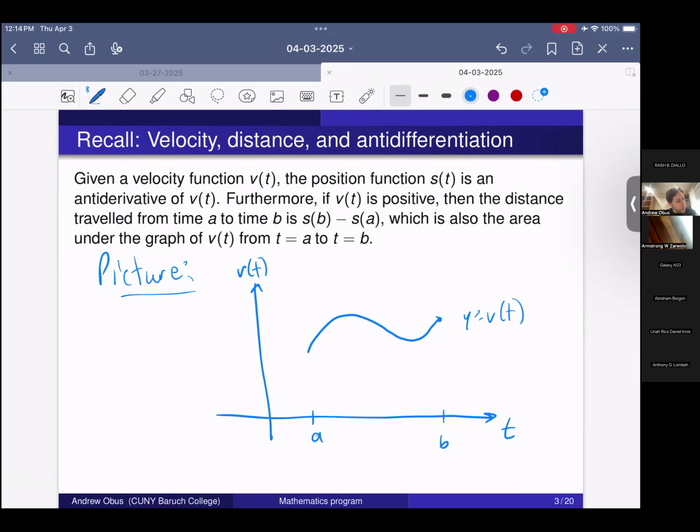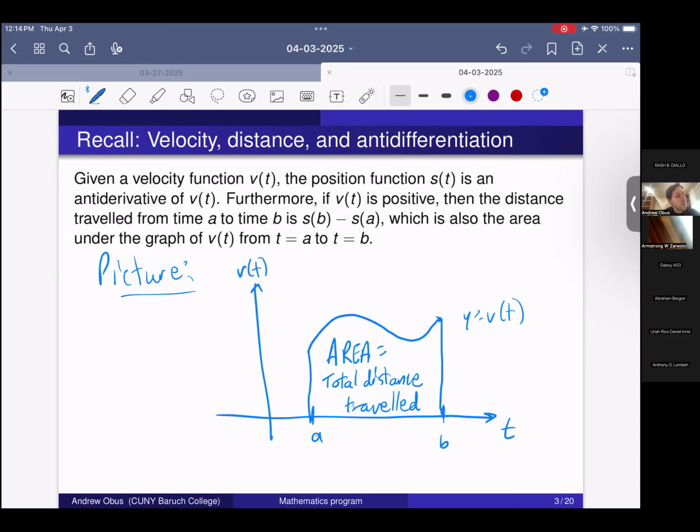And then if I want the total distance traveled, I look at this area under this graph between a and b, and this area equals the total distance traveled. Right? And that area, that total distance traveled, is actually s of b minus s of a, where s can be any antiderivative of v.